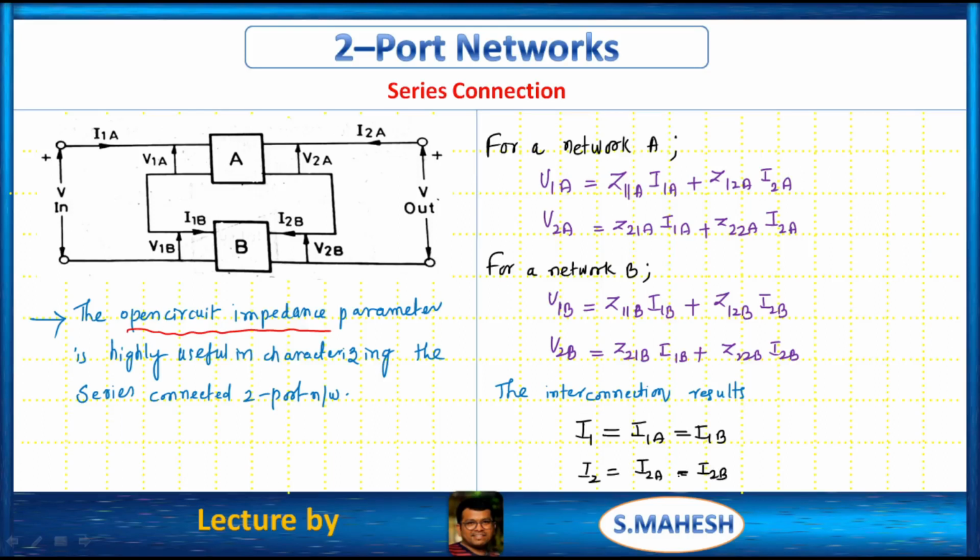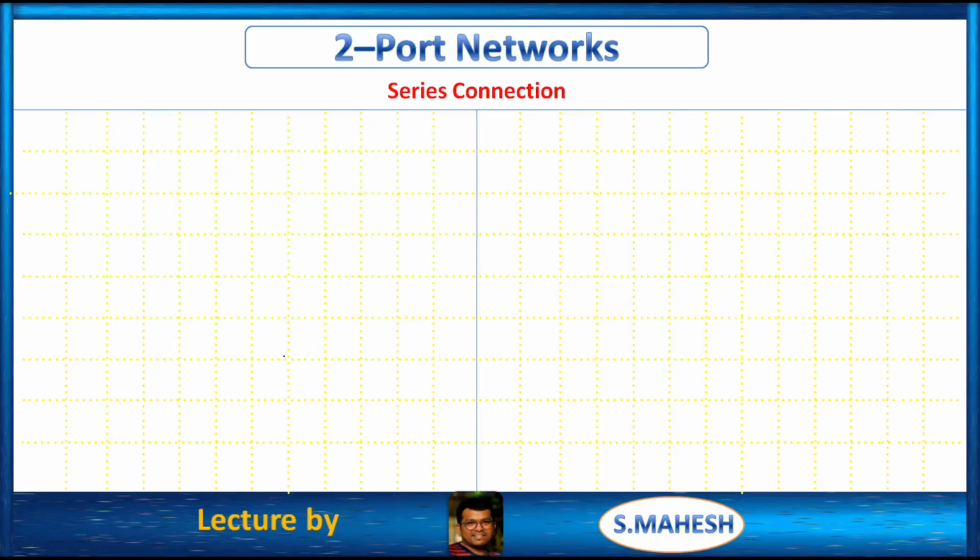We all know that in series connection current is the same, voltage division takes place. Like that in parallel connection voltage is the same, current division takes place. Therefore the equivalent voltage at input port 1 is V1, which is V1A plus V1B. V2 is V2A plus V2B.